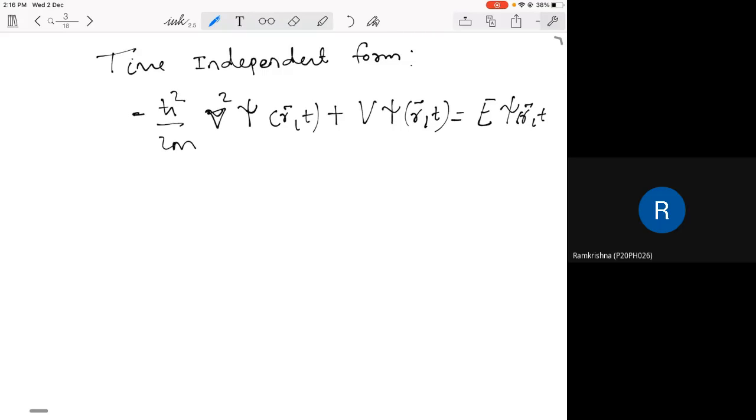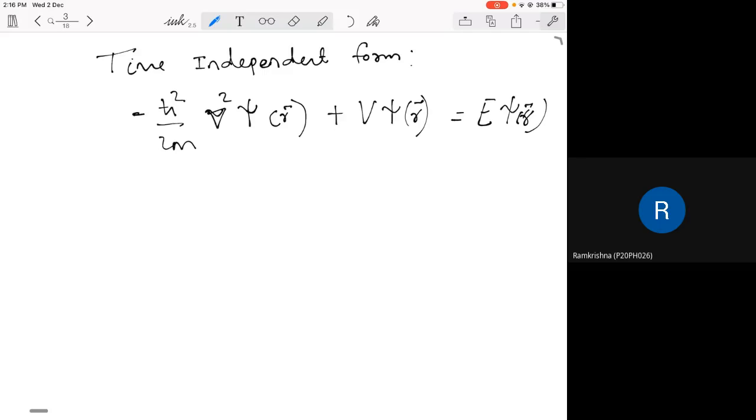Instead, what I would write is only a function of r. So the function of t does not exist anymore. This is how the time independent form would look.